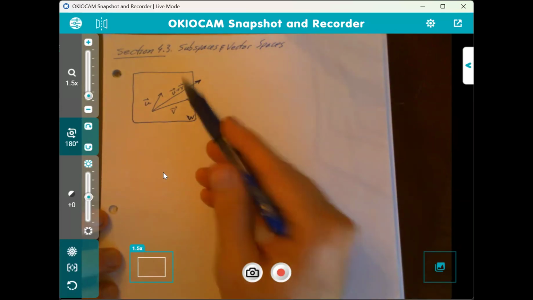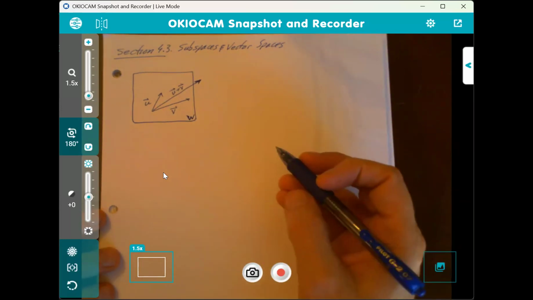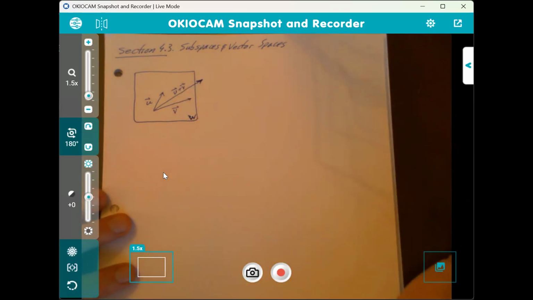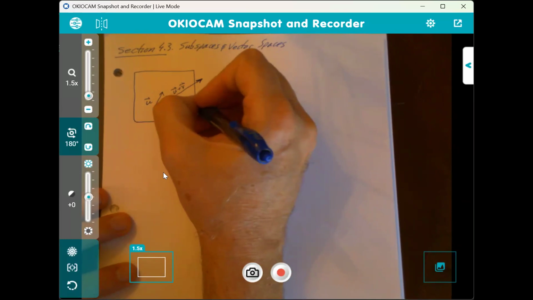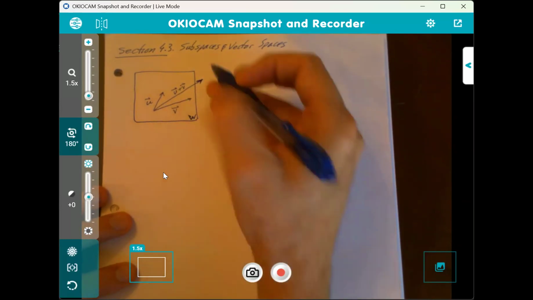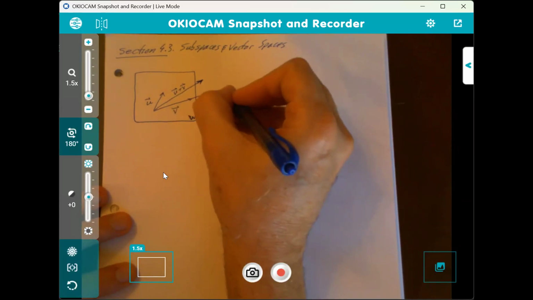So that's why we need to test and make sure that W is big enough, if you will, to hold the sum.